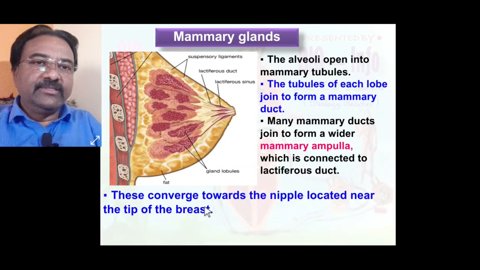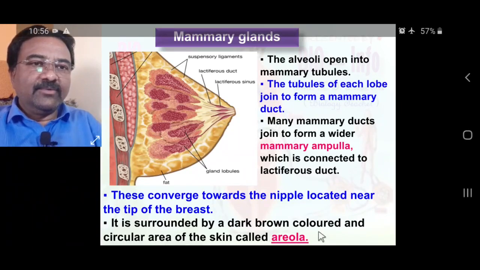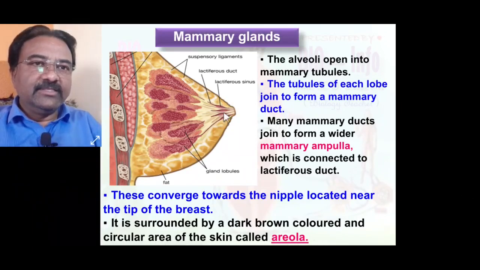These converge towards the nipple located near the tip of the breast. It is surrounded by a dark brown colored circular area of the skin called the areola. Seen here, this is the areola part.